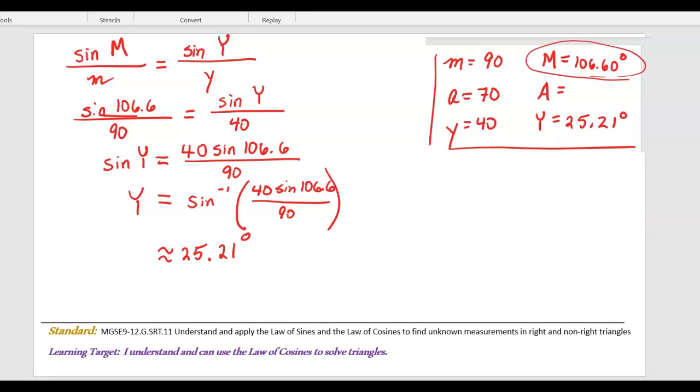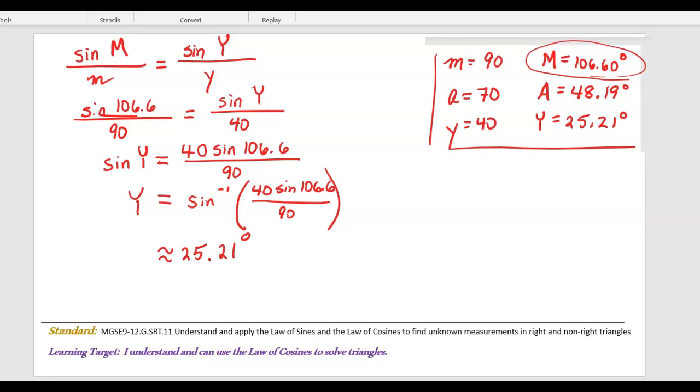And of course you subtract the two angles you know from 180, and you're left with 49.19 degrees. And then just do a quick check. I always do this. My shortest side is opposite my smallest angle.